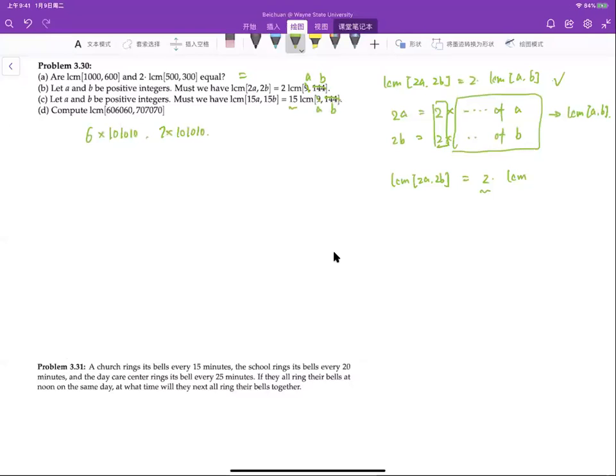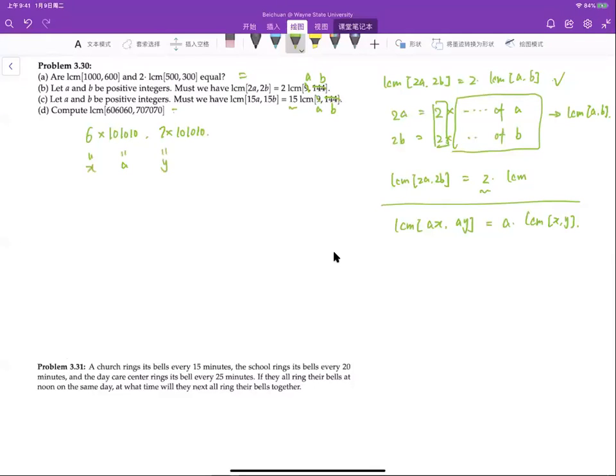So let me list the property there. LCM of AX, AY equals A times LCM of X and Y. So that's the property. So here, A, X, Y are arbitrary positive integers. So in this case, you can just consider X as 6, A as 1, 0, 1, 0, 1, 0, and Y as 7.